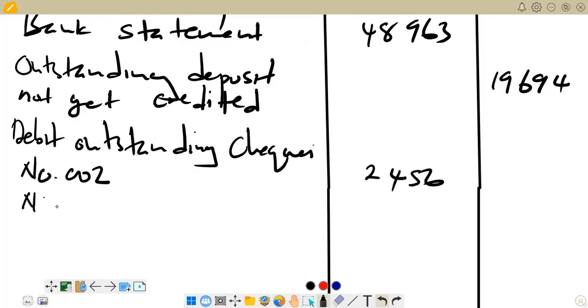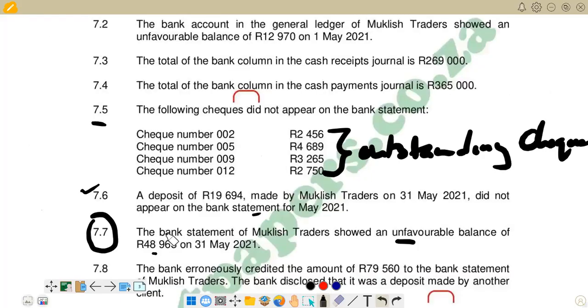Then the next one, we have check number 005, the amount being 4,689. This is what we have. Then we can check the other outstanding checks that we have. We also have check number 009 with the amount 3,265 rands. And also we've got check number 012 with the amount of 2,750 rands. So we can also include those ones.